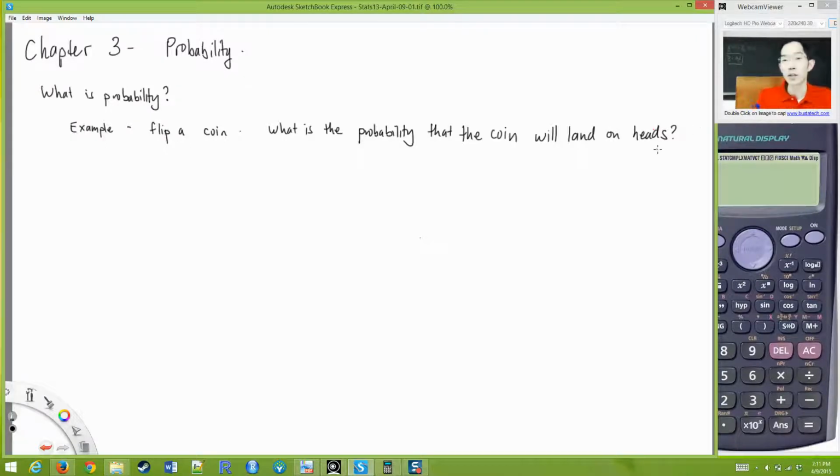Okay, and so you would tell me that the probability a coin lands heads is 50%, or 0.5. So let me just write that. The probability that a coin will land on heads is 0.5. Okay, so in general, probability we express as proportions.